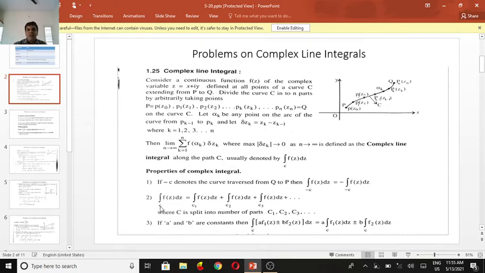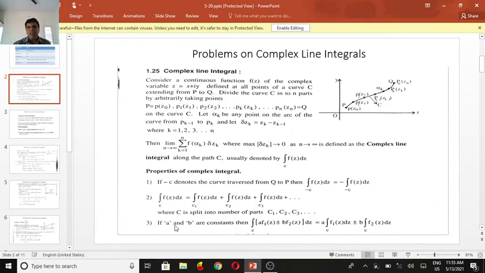Secondly, the integral over the path C of f of z dz equals the integral over C1 plus the integral over C2 plus the integral over C3, etc., where C is split into a number of parts C1, C2, C3, etc.